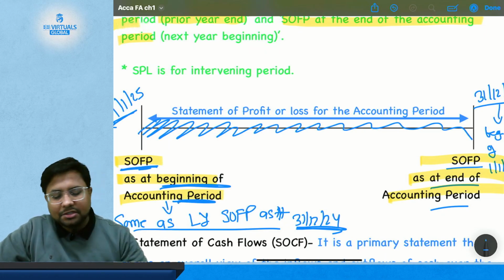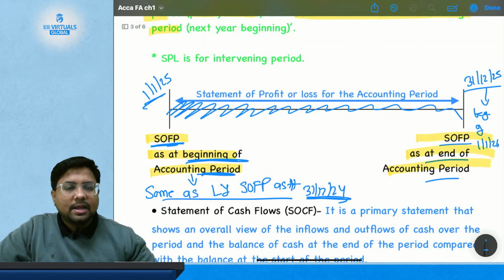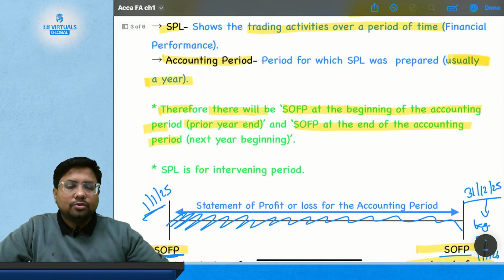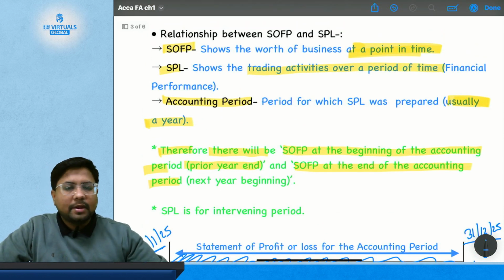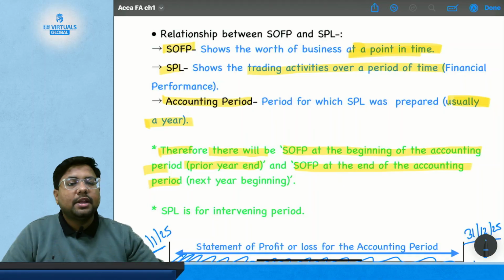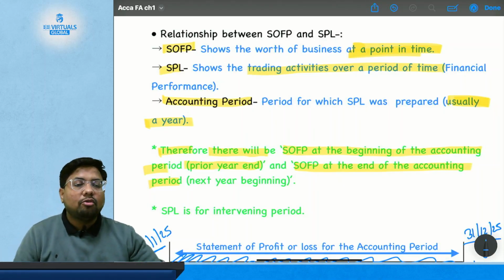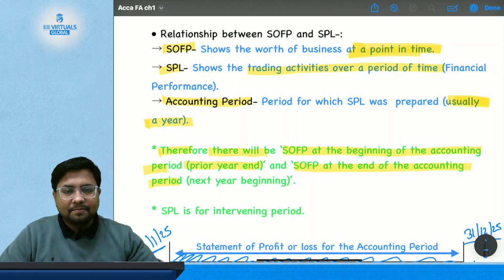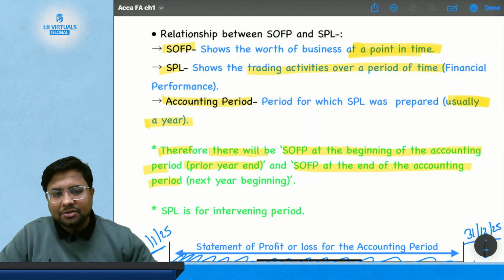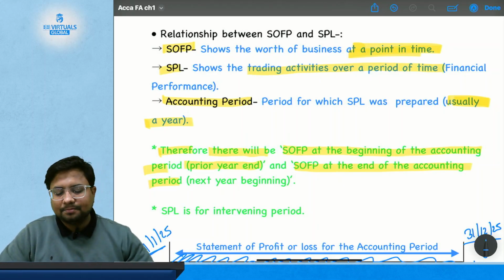So this is the relationship between SOFP and SPL: SOFP will show you the worth of a business at a particular point of time, at a particular date, but SPL, the statement of profit or loss, will show you the performance over a period of time. Okay, so this is the relationship between these two topics.